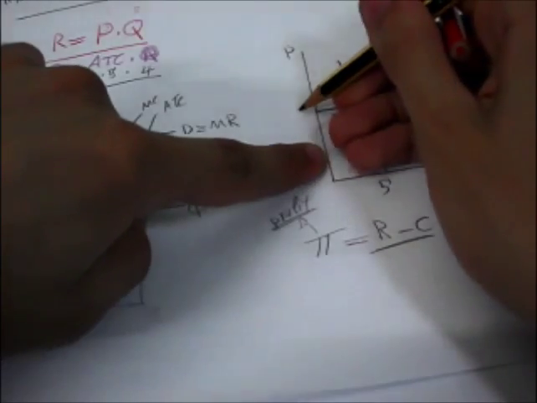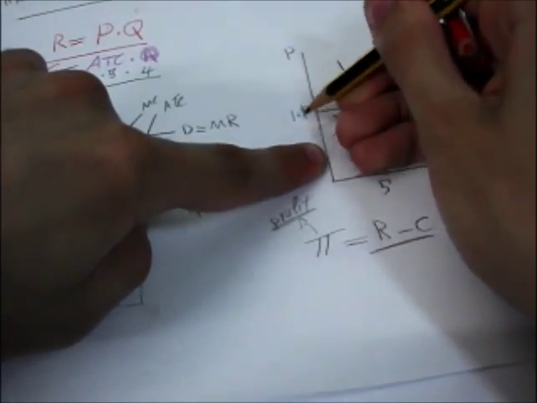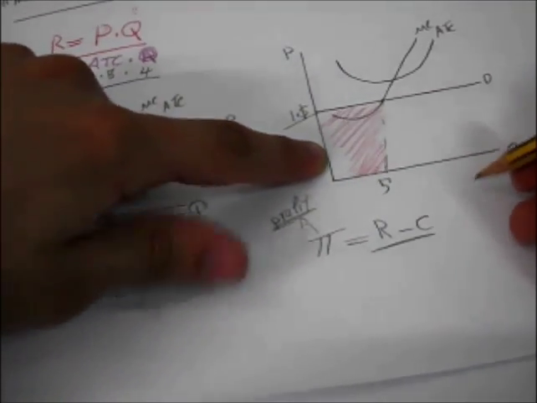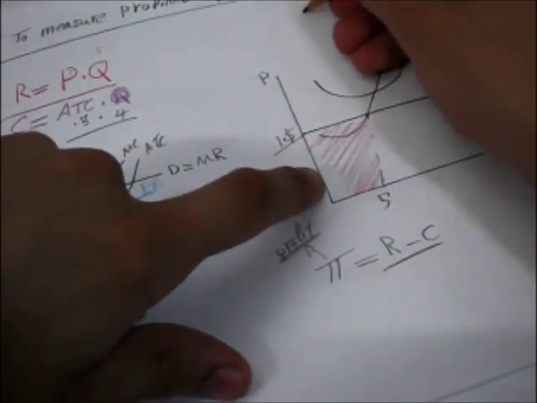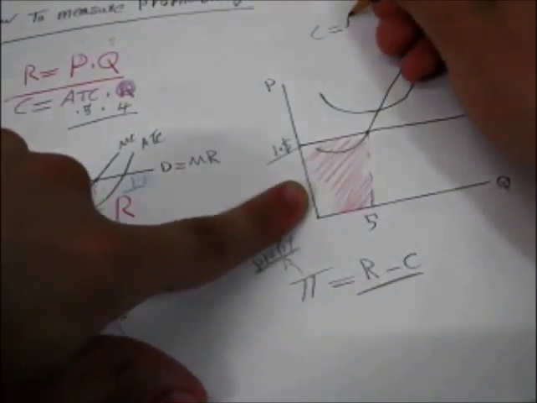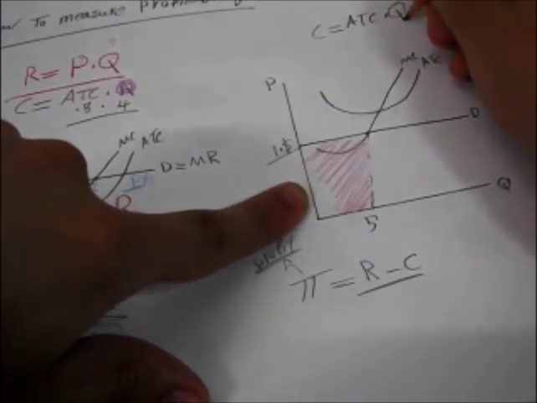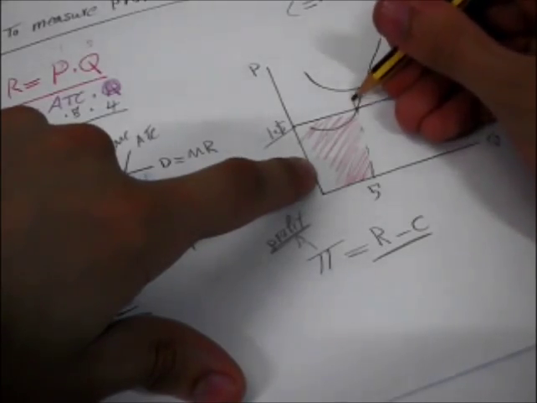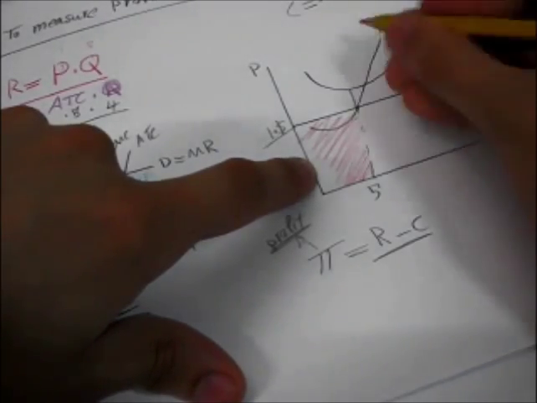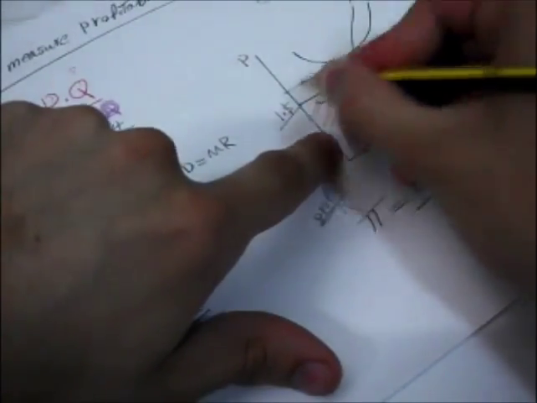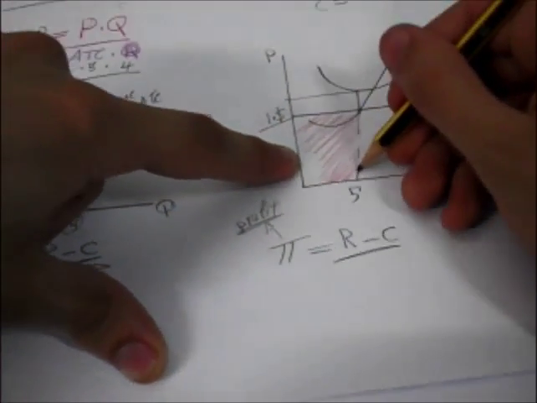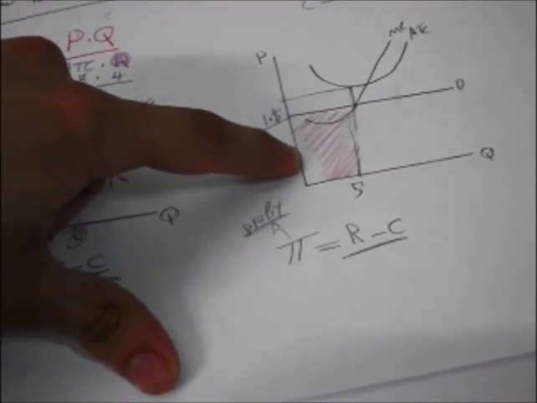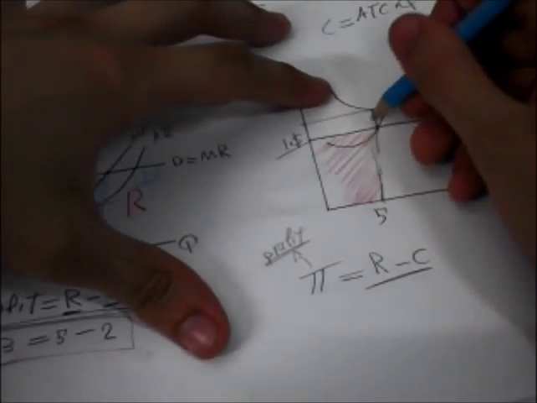Here's this part. This is the price of $1. And then we want to know the cost, which, one more time, equals average total cost times the quantity. So we just go straight until we touch the average total cost, and then this whole part is the cost.